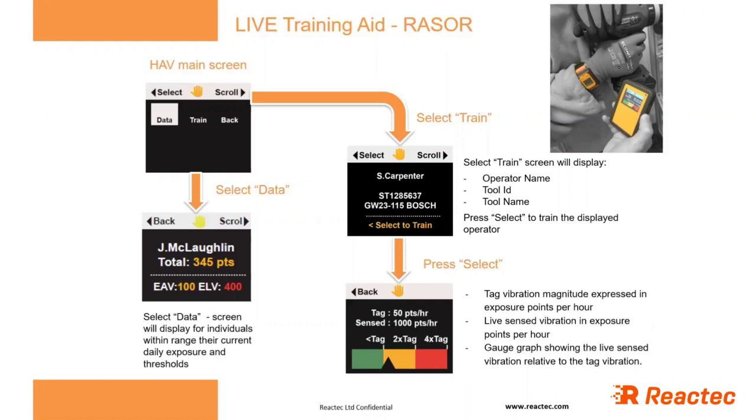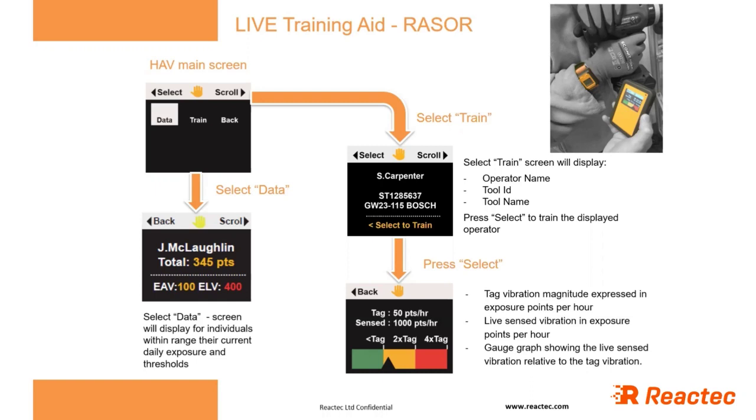But basically, the RASOR device is able to pick up the data from the HAVWEAR, and the HAVWEAR is transmitting live information about the vibration magnitude. First of all, the vibration magnitude that it has according to the last time that it read a tool tag, and also the vibration magnitude that it's picking up in real time.